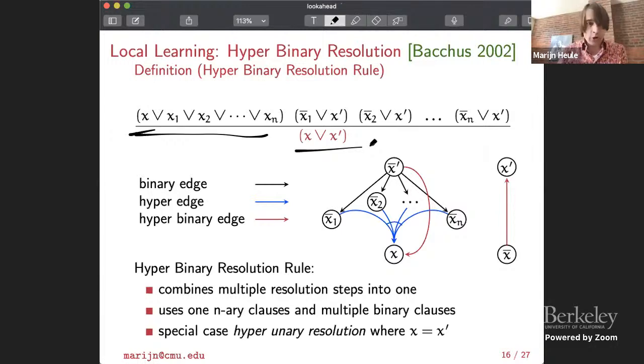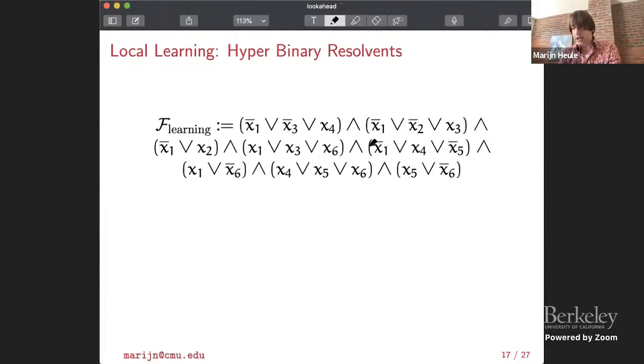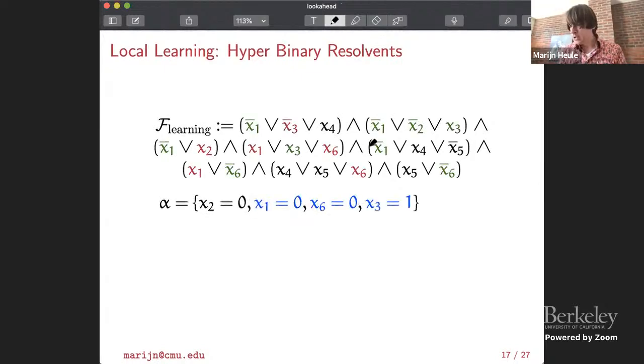And we're actually going to find these hyperbinary resolvents using unit propagation. So we do unit propagation. We start with x2, and then we have the unit x1 comes from this binary clause, x6 comes from this binary clause, and x3 comes from that binary clause.